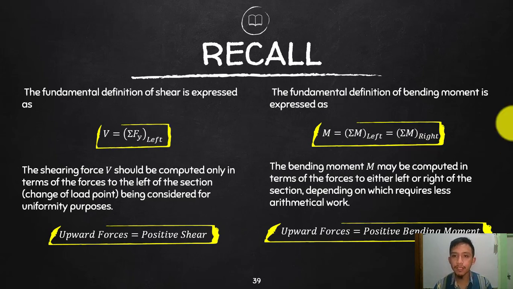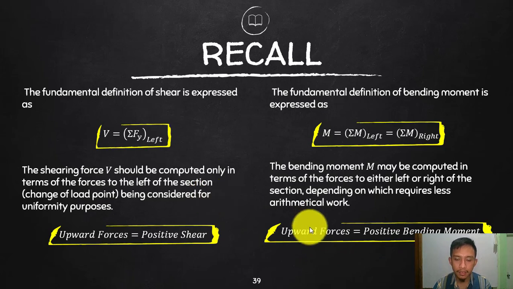Again, there will be times we can use these two. But for the summation of vertical forces, it is simpler to focus on the left side, though you can still use the right side if you want. So the sign convention for the left side is clockwise positive, and counterclockwise positive for the right side.